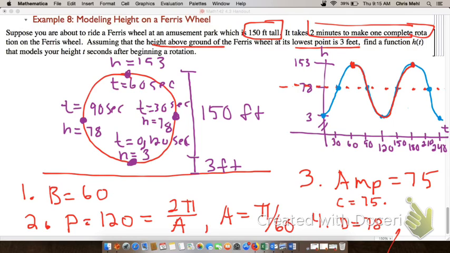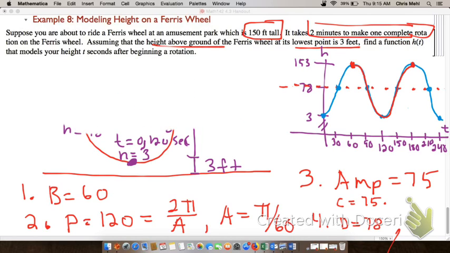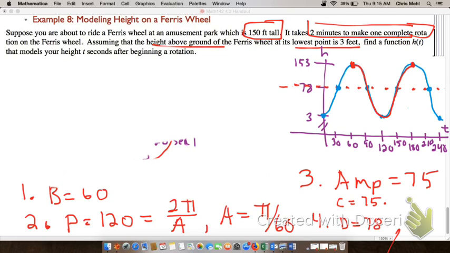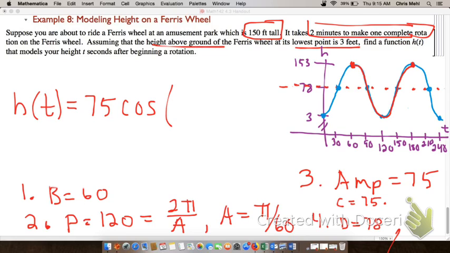Now if I get rid of my picture of the Ferris wheel here, my function h of t that models my height is going to be the capital C, which in this case was just the amplitude of 75, times cosine of, since the period was 120, we solved for A and got pi over 60.